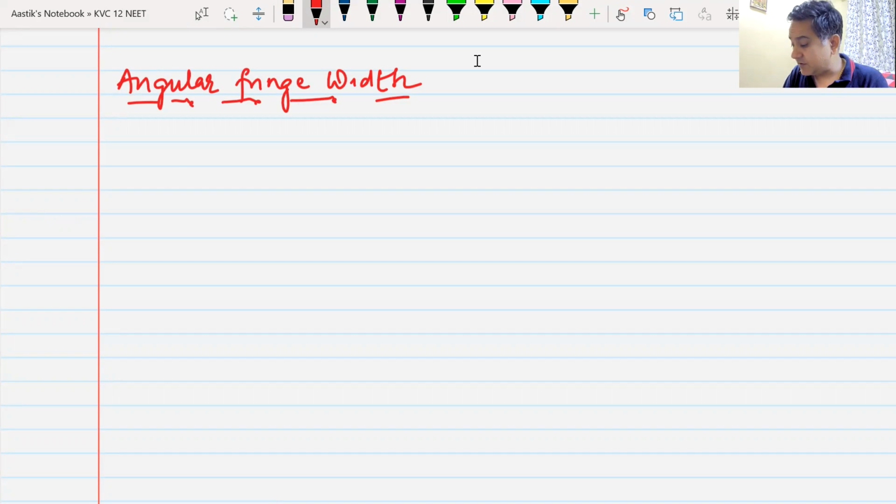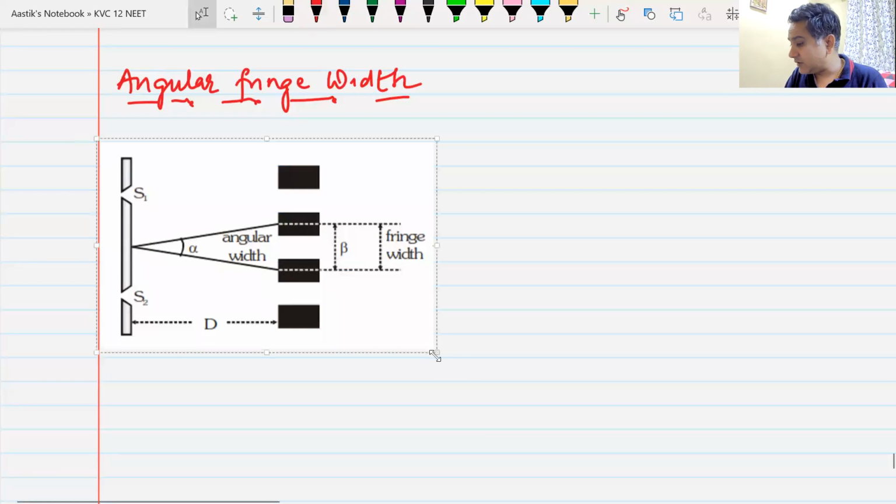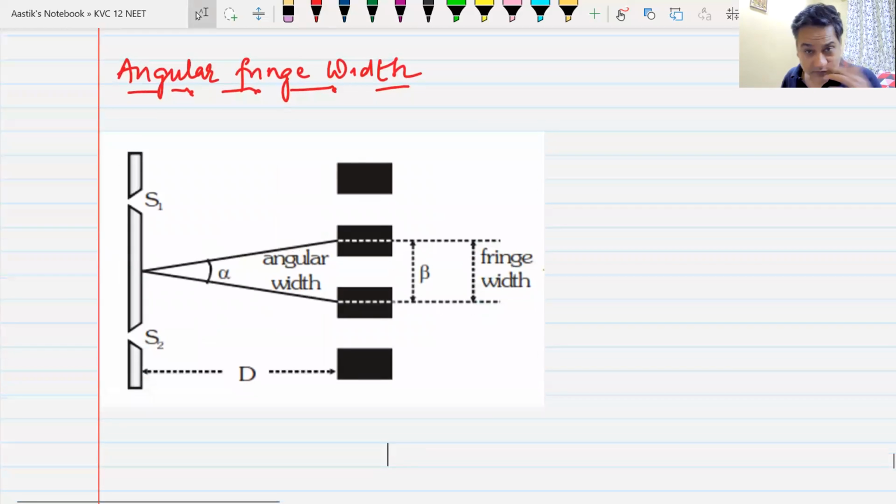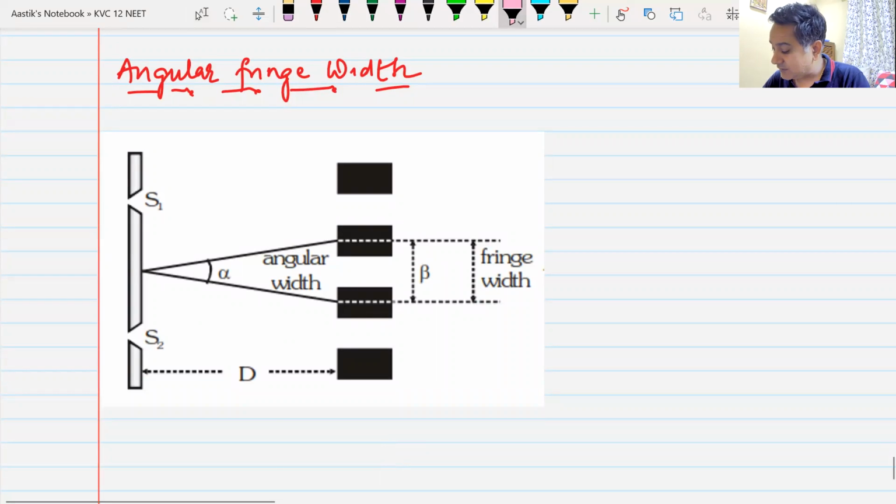If you want, you can remember this. Trust me, the diagram will not come. It'll only ask you the formula of angular fringe width. As you can see, my dear friends, this is the fringe width between two consecutive dark and two consecutive bright. The angle that it makes with the center point, that is known as the angular fringe width.